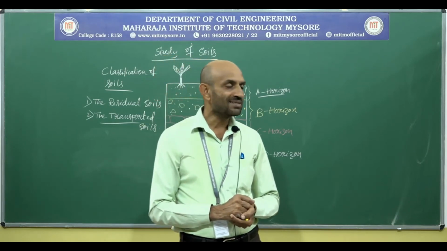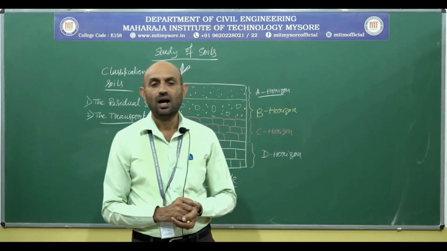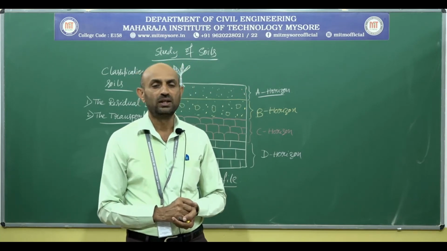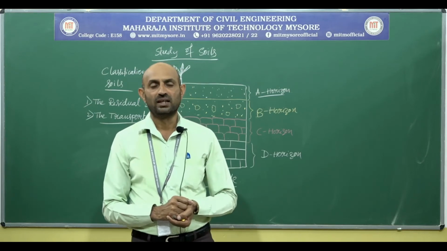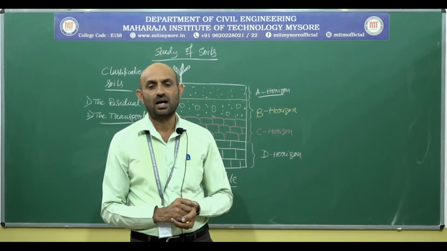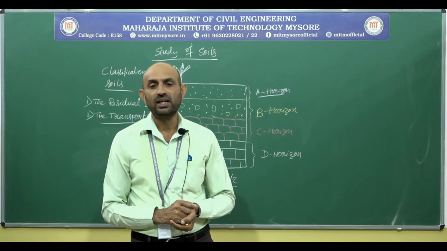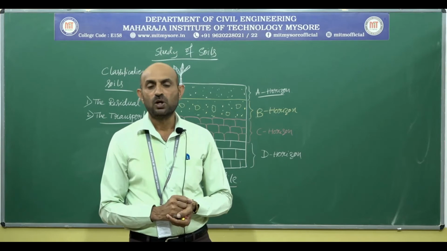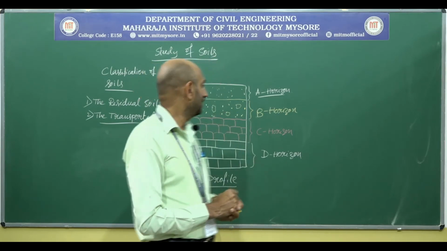Depending on the place of occurrence or the geological agents involved in their transportation, these soils are further classified into 5 kinds. Number 1, alluvial soils.